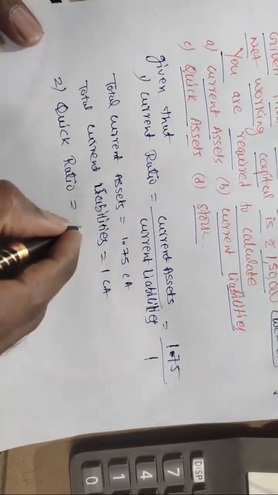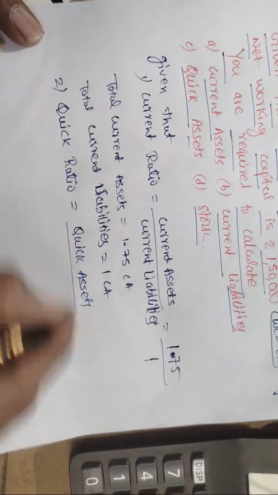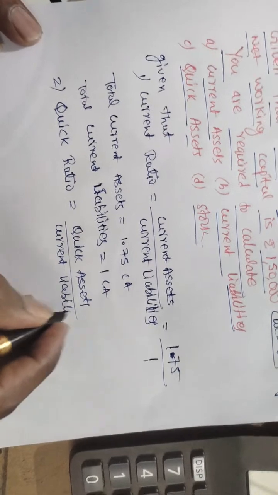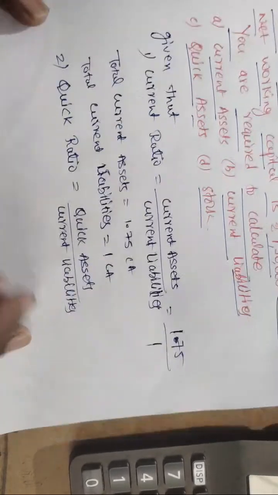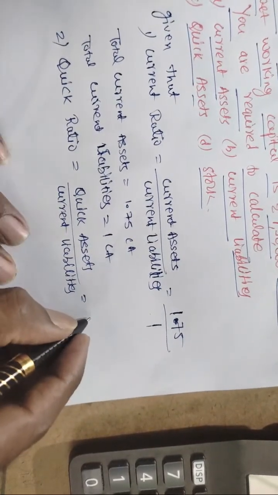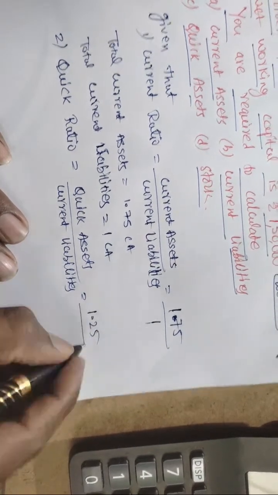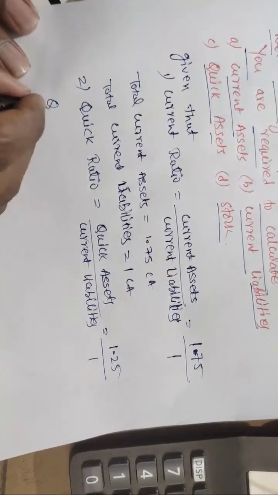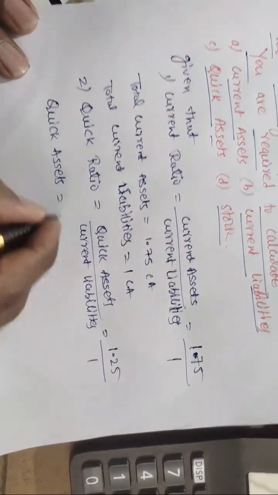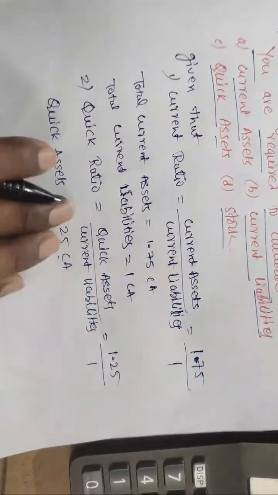Quick ratio equals quick assets divided by current liabilities equals 1.25 divided by 1. That means quick assets equals 1.25 current liability. CL here means current liabilities.